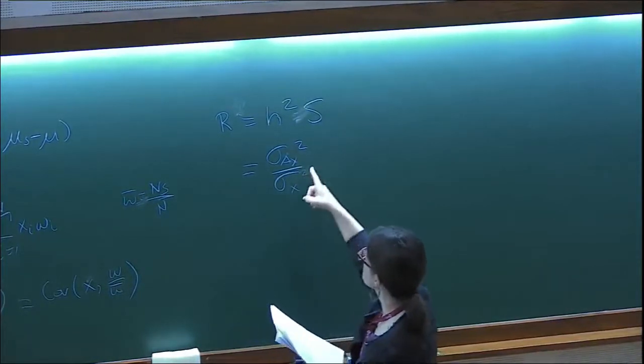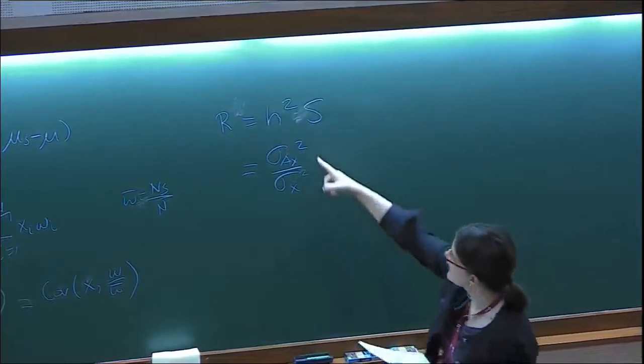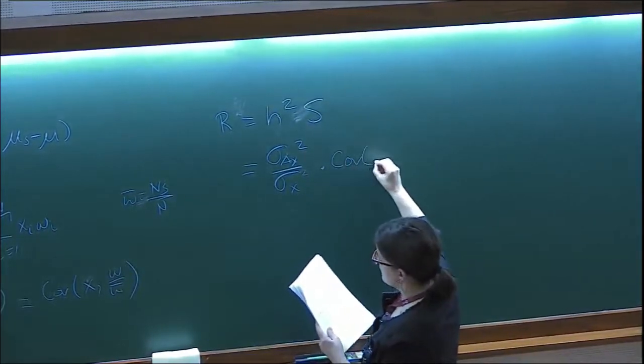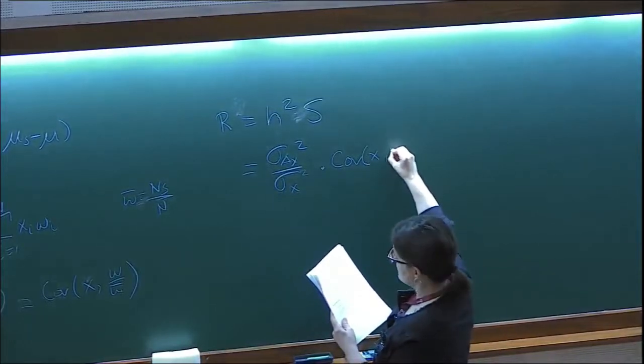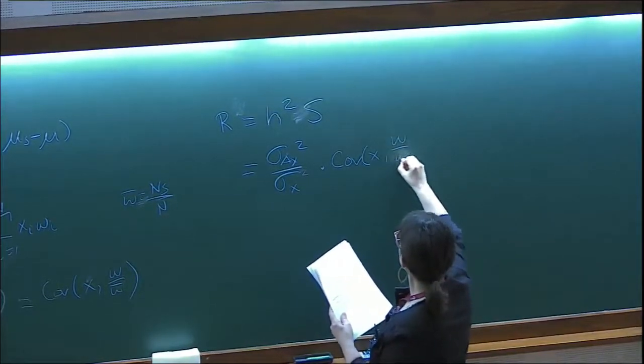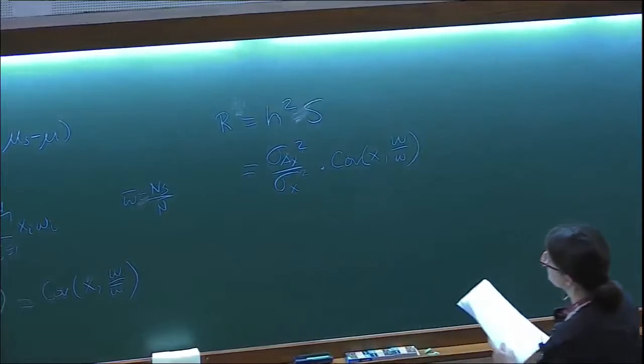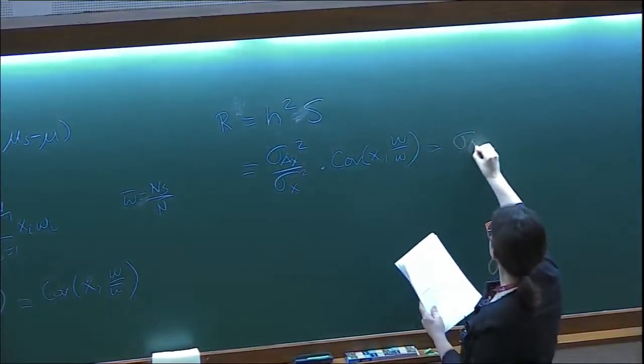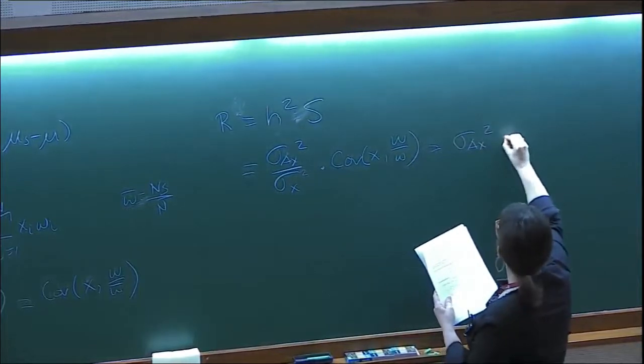I'm going to put an X now to indicate it's for trait X. So that's H squared. And then we can write here this covariance like that. There's a few different ways to write that, but we can also do this. I want it in a particular form.